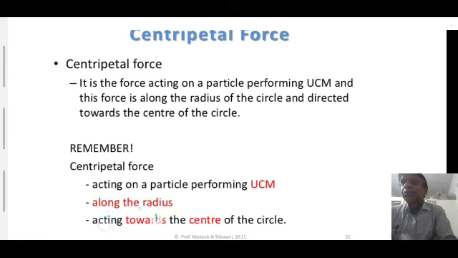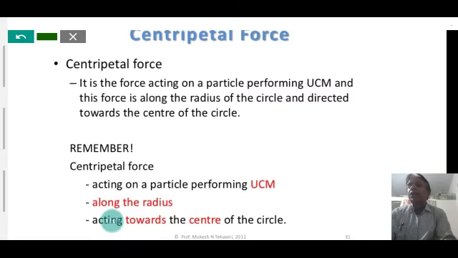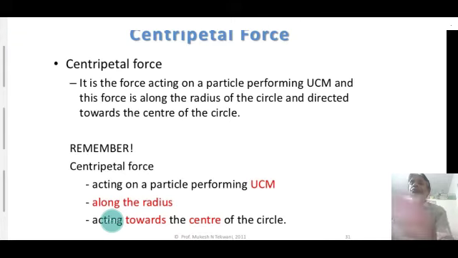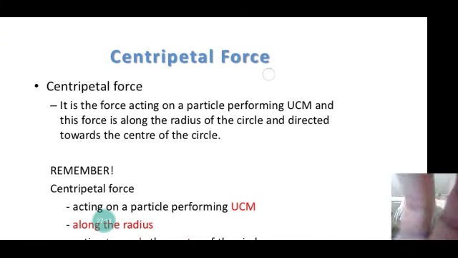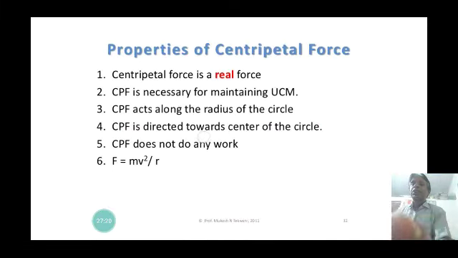It acts along the radius, towards the center of the circle. Now, some properties of centripetal force are given in the next slide.